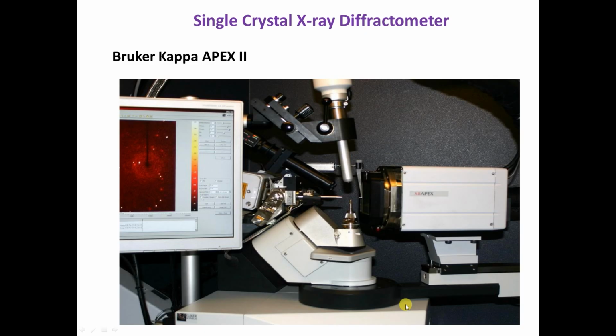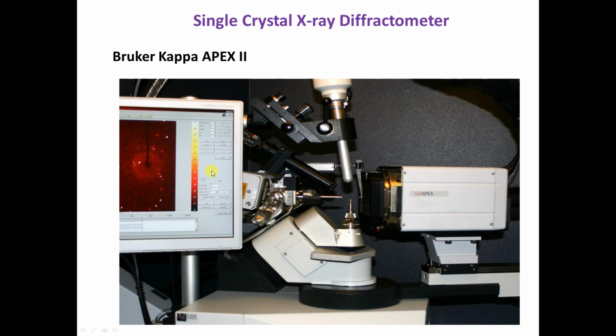For the study of these single crystals, this particular instrument is used. This is an image of the Bruker Kappa Apex 2 instrument. It is a single crystal X-ray diffractometer, and this is the host computer here. Let us look at the components of this diffractometer.